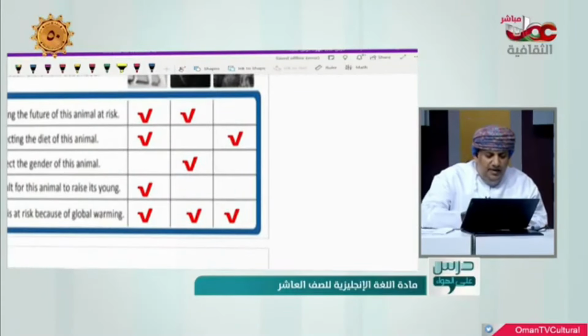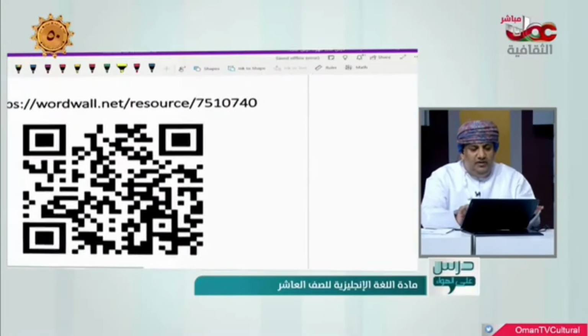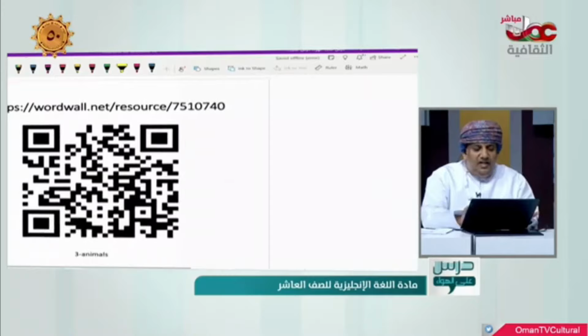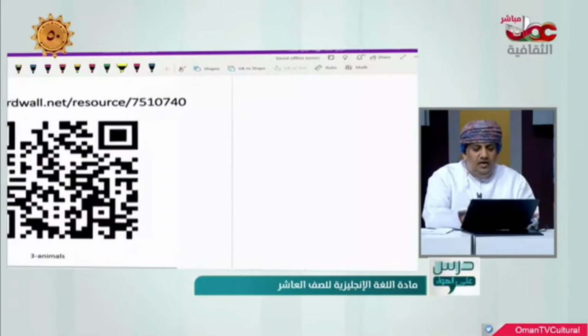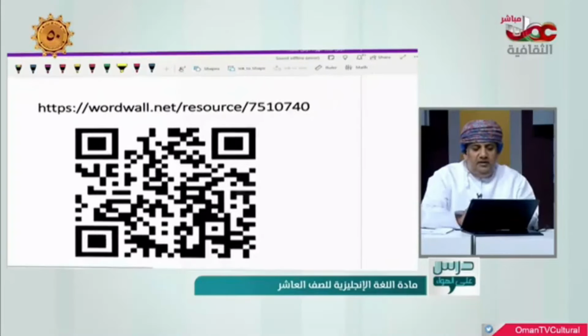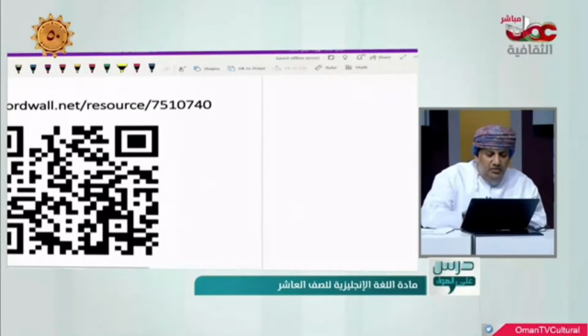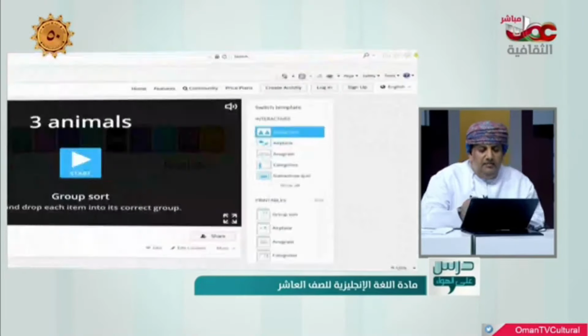So let's go back and check our understanding by using this code, the last game here. The last game, I want you to look at this website and make a screenshot of it. Okay, let's go to the game, the last game.